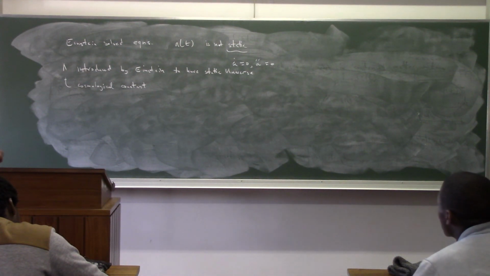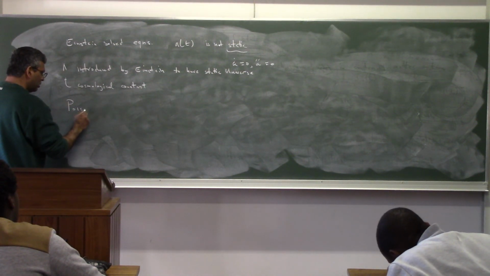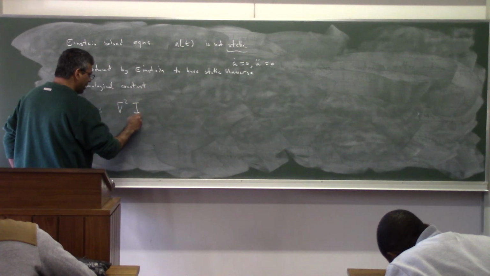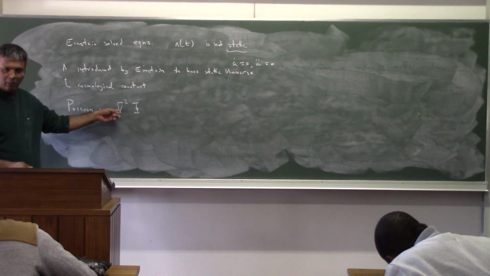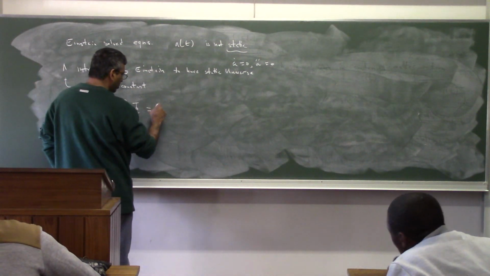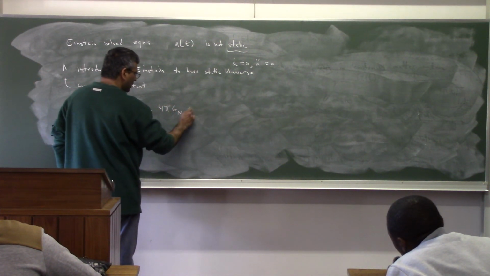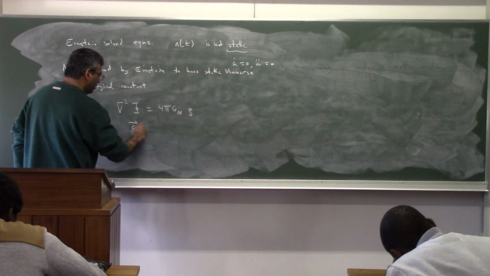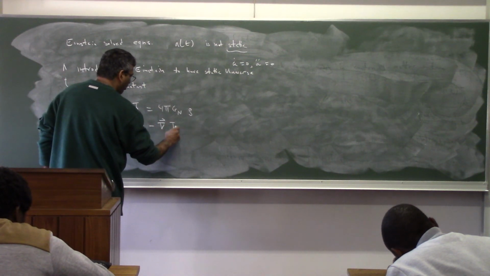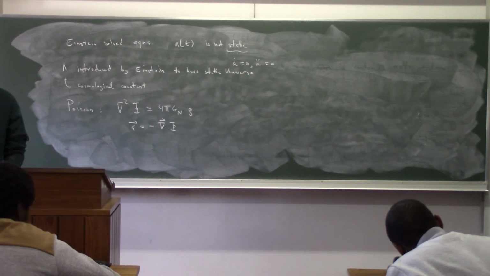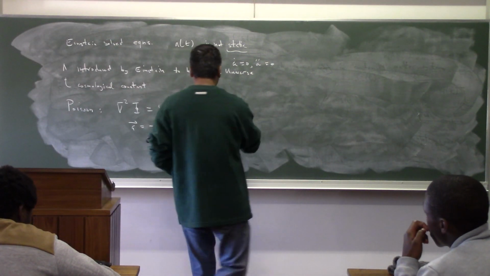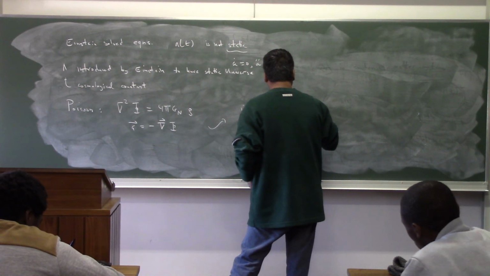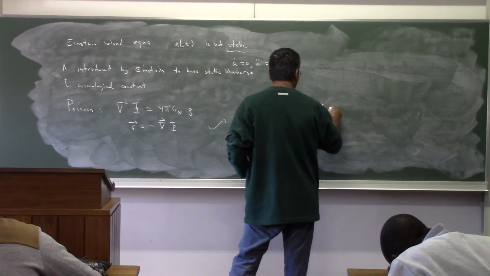Okay, so remember the Poisson equation, which we discussed on Monday. It says that del squared phi, the Laplacian of the gravitational potential, gives you 4 pi G Newton times the mass density. The acceleration is minus the gradient of this potential. So in a static universe, the acceleration is 0.